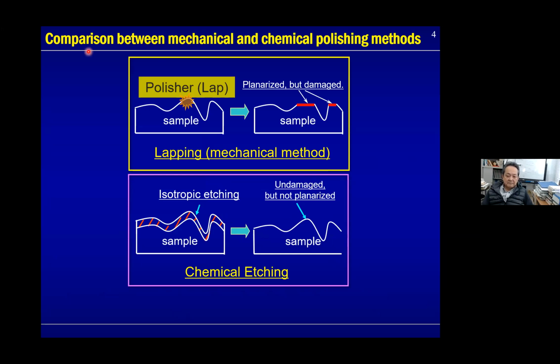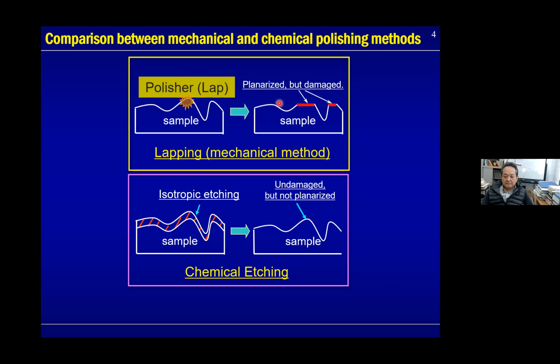And this is the comparison between chemical and mechanical polishing methods. In the mechanical polishing method, we use this kind of polisher or lap. This has the reference flat, and this reference flat can be copied onto the work surface from the topmost side. By using this configuration, and this one moving relatively, this realizes effective flattening.